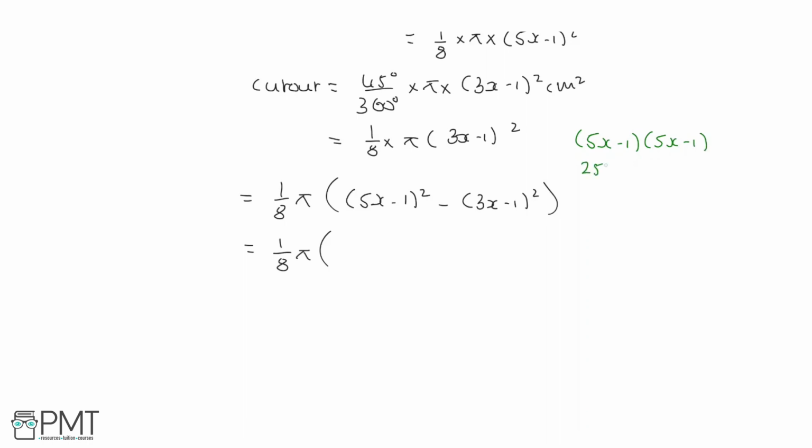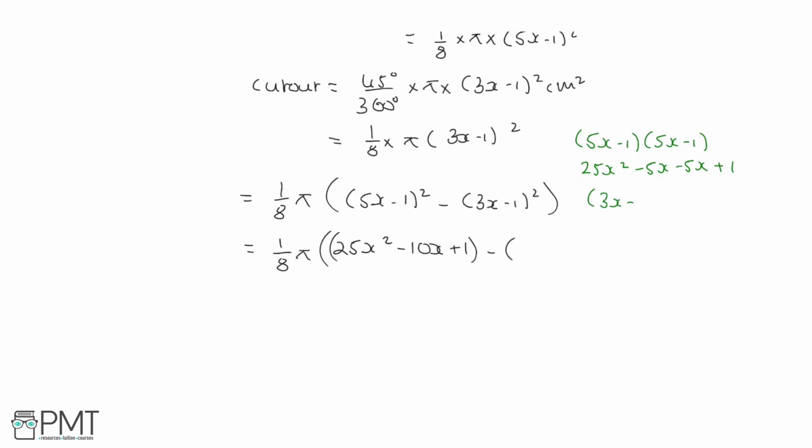This is going to be 25x squared minus 5x minus 5x plus 1. Because we're doing 5x times 5x, 5x times minus 1, minus 1 times 5x, and minus 1 times minus 1. And this will get us 25x squared minus 10x plus 1. Like that, minus, now let's expand 3x minus 1 squared.